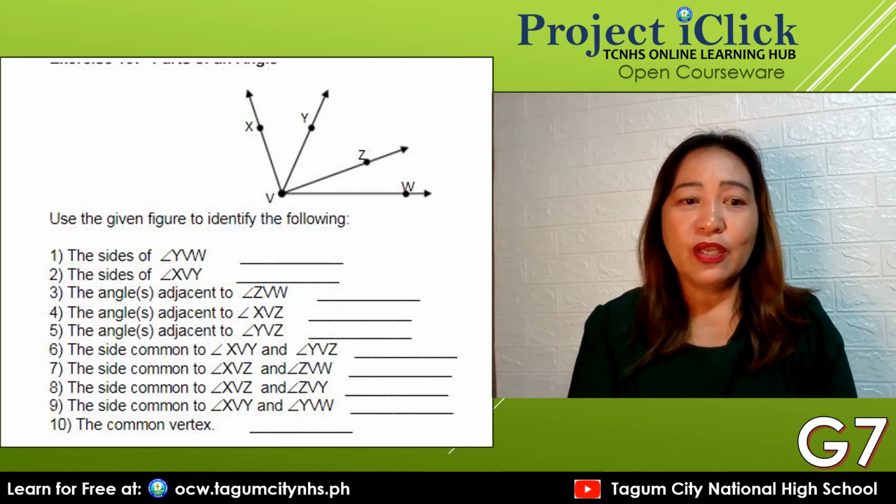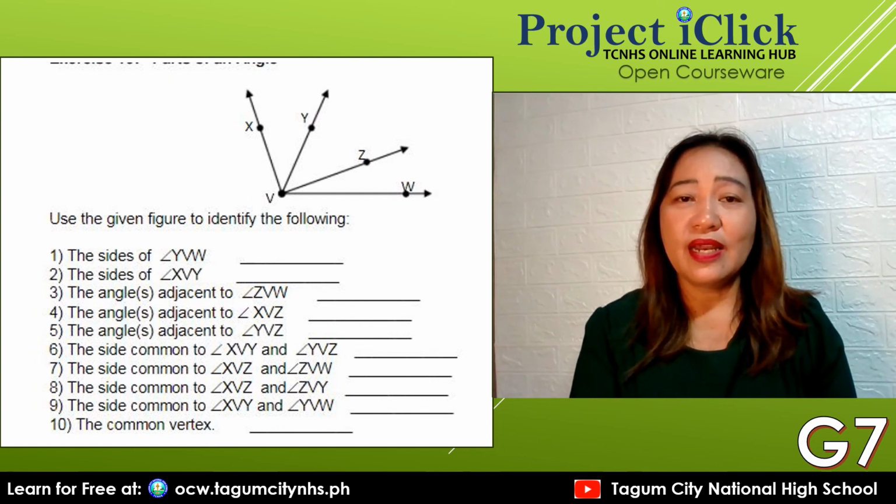Number 2, identify the sides of angle XVY. Number 3, identify the angle or angles adjacent to angle ZVW. And number 4, identify the angle or angles adjacent to angle XVZ.